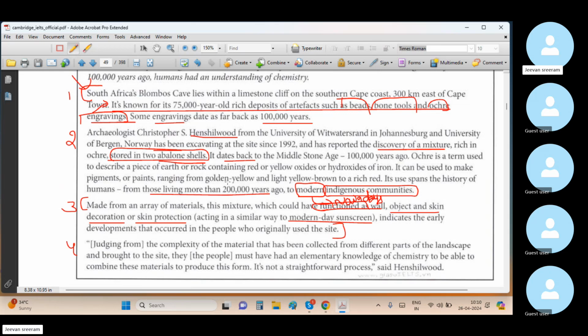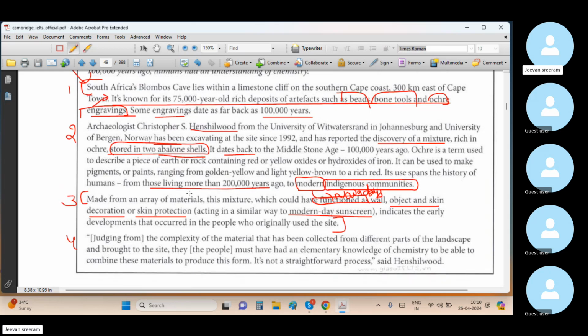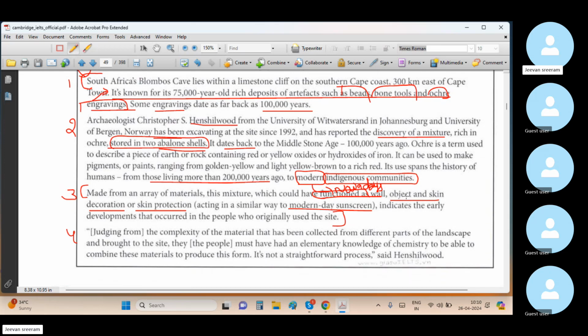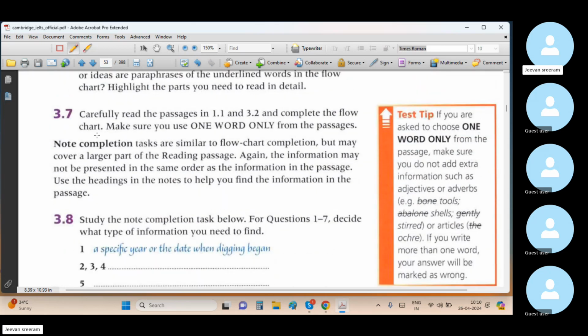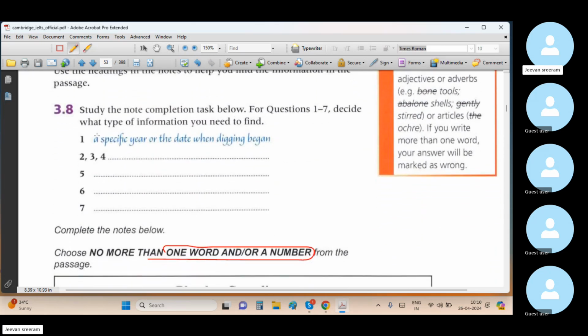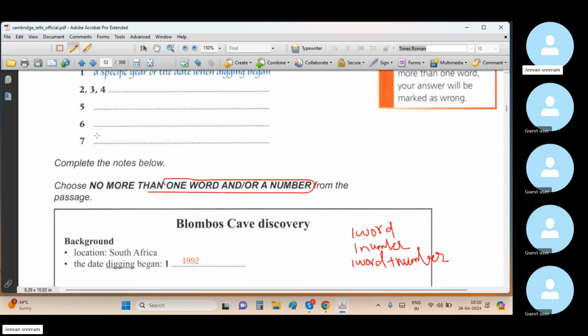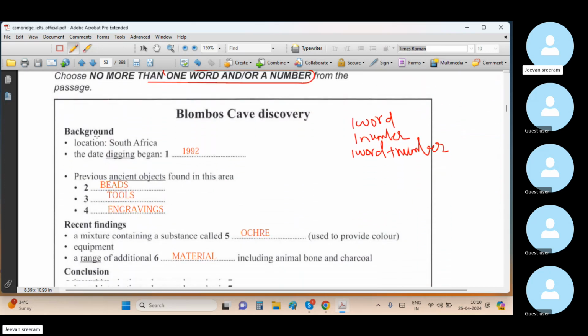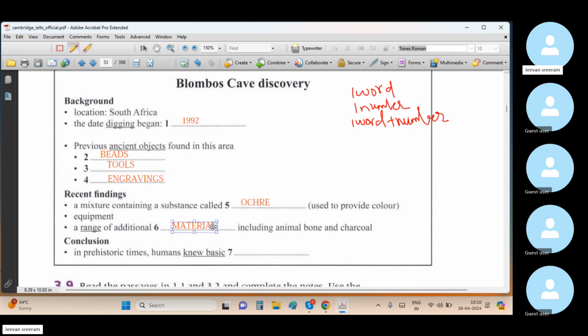Hydroxide can be used to make pigments. An array of materials. This mixture is made from a group of materials. A range of additional materials.